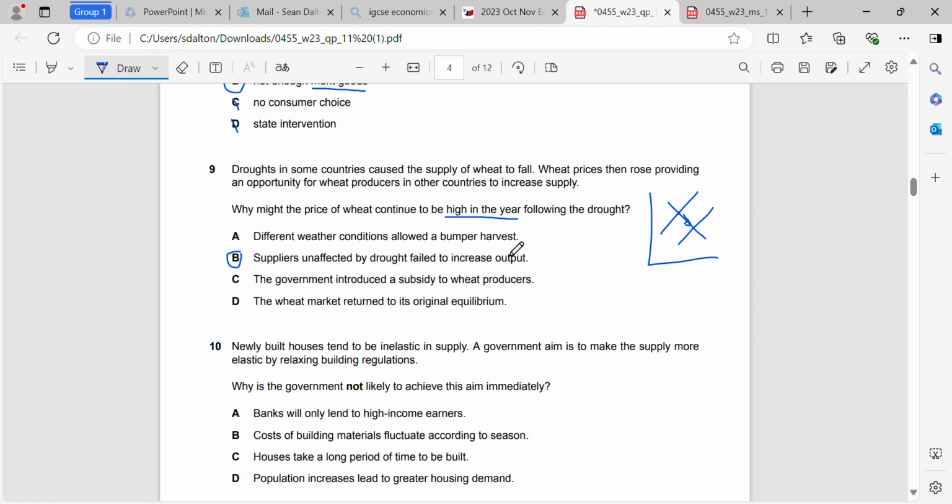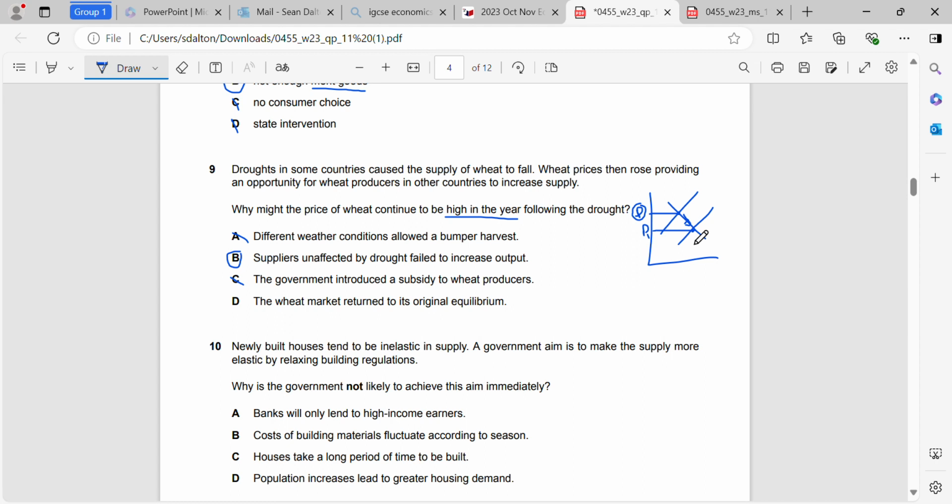Well, that would again increase or shift the supply to the right, but we know that hasn't happened, because if it had, the price would drop to P1 instead of being at the original price of P. But we know the price has remained at P because they have told us. Government introduced a subsidy to wheat producers. That would also shift supply to the right, which again we know hasn't happened. And the wheat market returned to its original equilibrium.